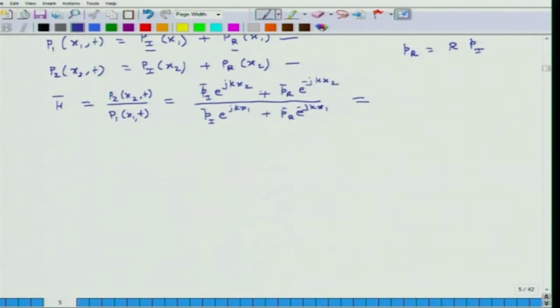If I divide the numerator as well as denominator by Pi, then I get e^(-jkx2) plus R e^(jkx2), divided by e^(-jkx1) plus R e^(jkx1), okay.